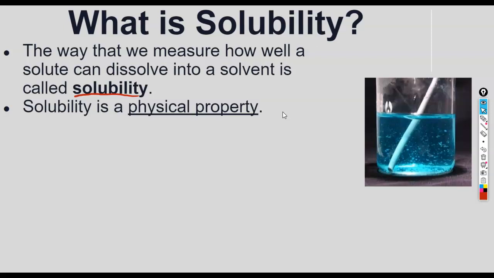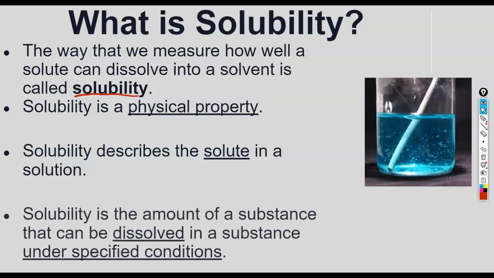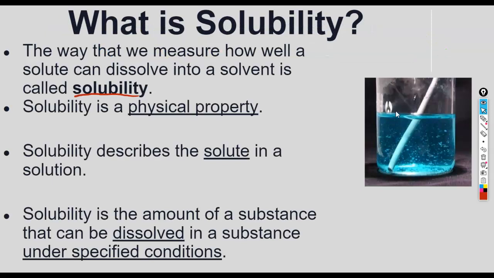Solubility is a physical property. It's not a chemical property, and it describes the solute in a solution: how easily does that solute dissolve in that specific solvent? Specifically, this is the definition of solubility: solubility is the amount of a substance that can be dissolved in a substance under specified conditions.